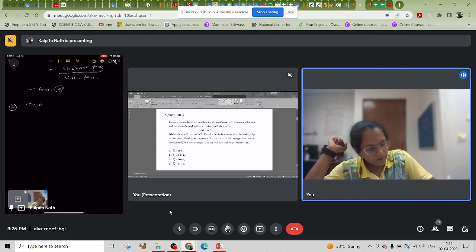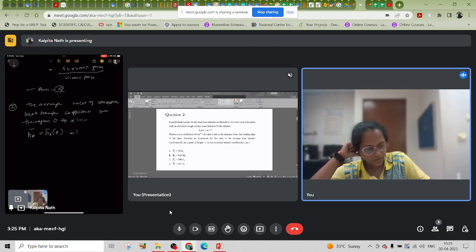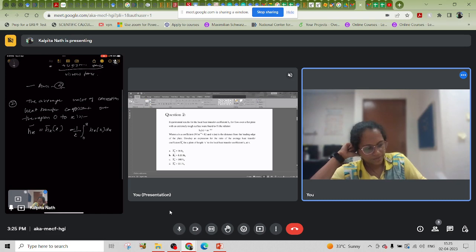The average value of the convection heat transfer coefficient over the region 0 to x, hx bar, is equal to 1 upon x, integral from 0 to x of hx dx.